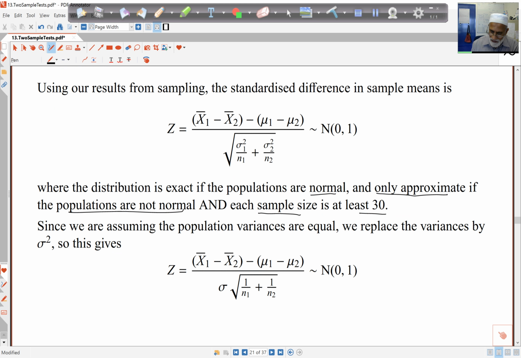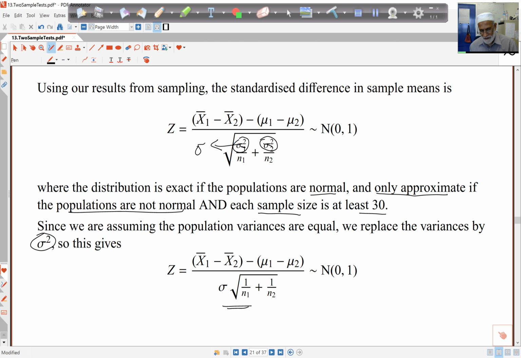Now, because I've assumed equal variances, I can replace sigma1 squared and sigma2 squared by sigma squared. The sigma squared can come outside the square root and becomes sigma, and I get this next line: the top is the same, but sigma has come outside, and I've got the square root of 1 over n1 plus 1 over n2. This is again normal(0,1), because all I've done is standardize.